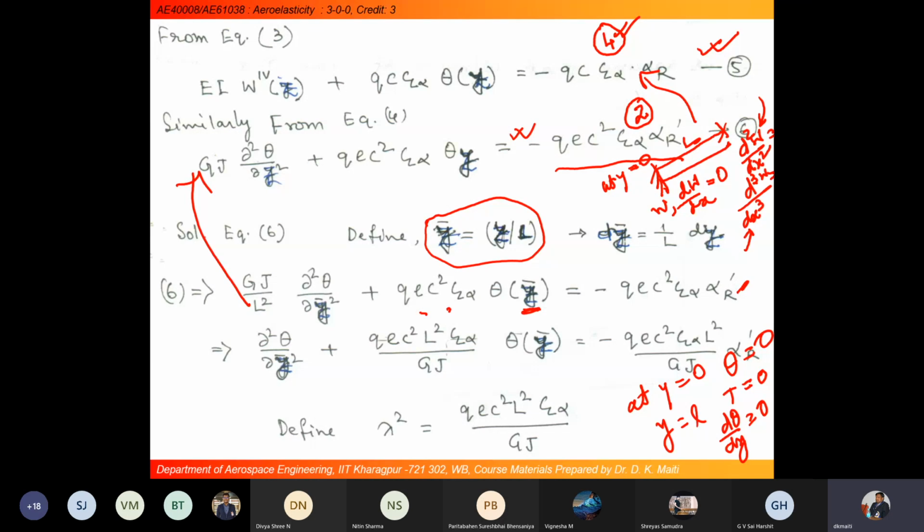Now dividing the whole equation by GJ by L square, this term will become q e c square L square c l alpha by GJ times theta of y bar, and the right hand side will be q e c square c l alpha L square by GJ times alpha r prime. Now we will define this term as lambda square.